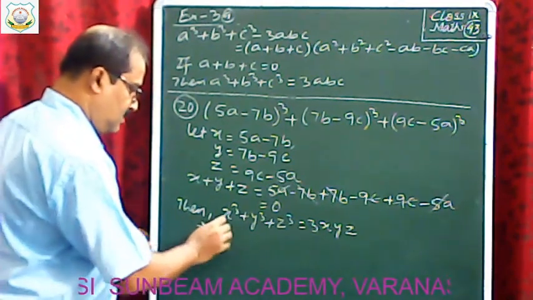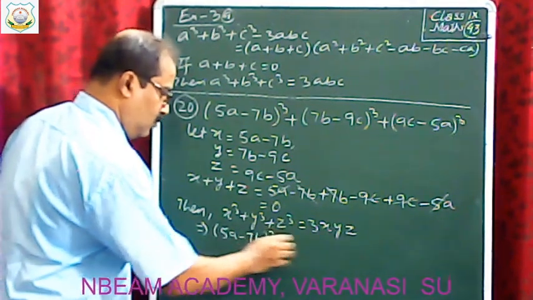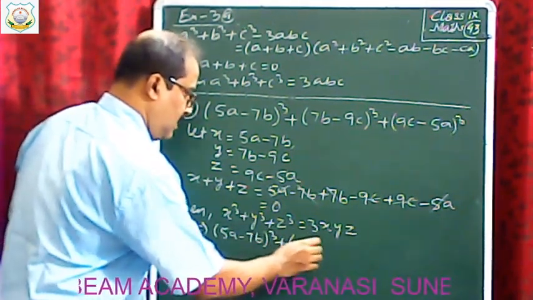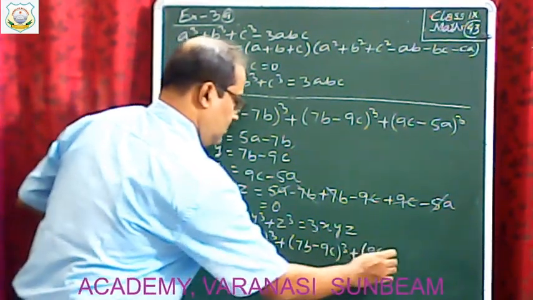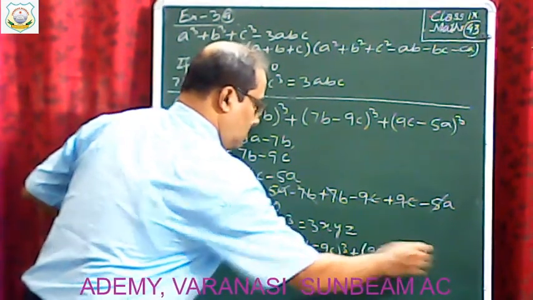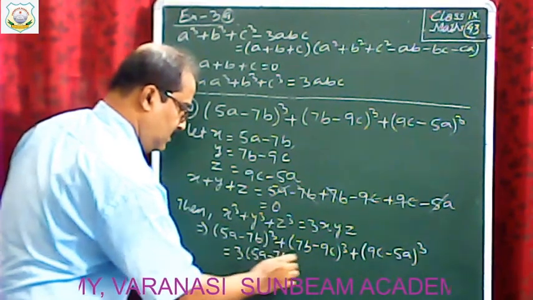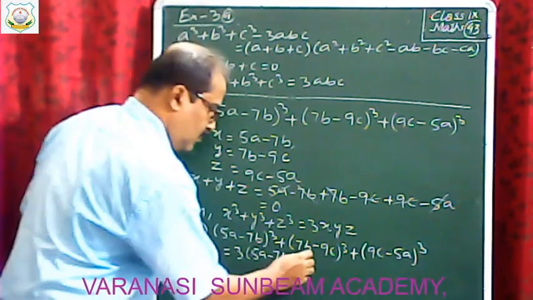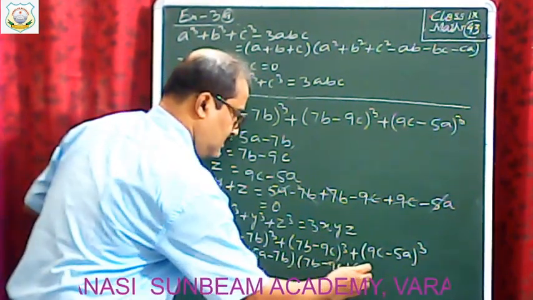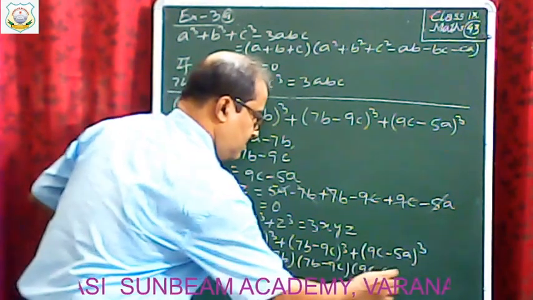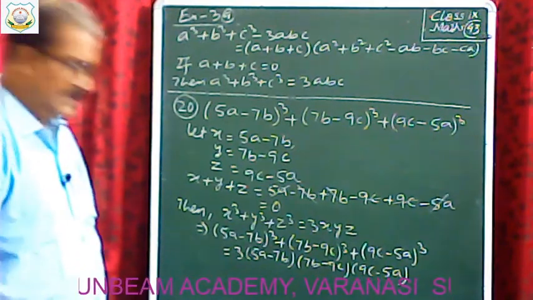It implies that 5a minus 7b whole cube plus 7b minus 9c whole cube plus 9c minus 5a whole cube equals 3 times 5a minus 7b, that is x, times 7b minus 9c, that is y, times 9c minus 5a, that is z. Factorized finally.